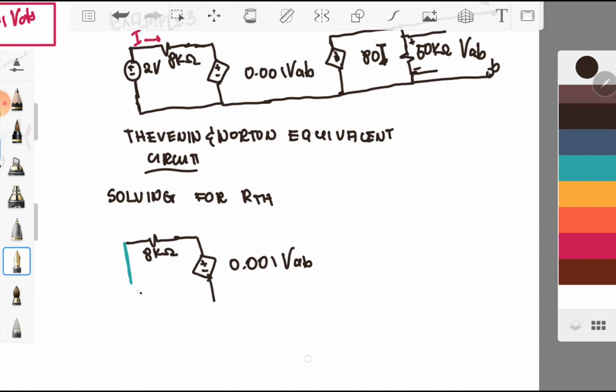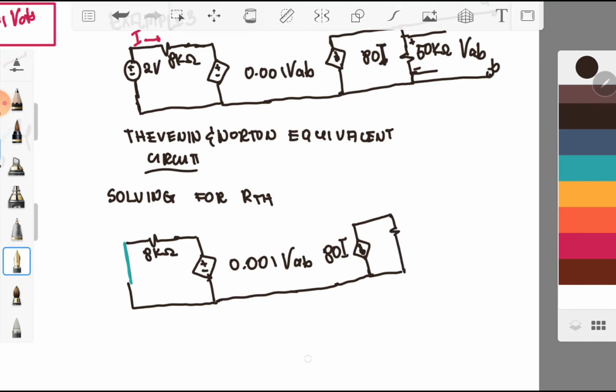And then, we have our ATI current going down. And then, we have our 50 kilo ohm resistor.